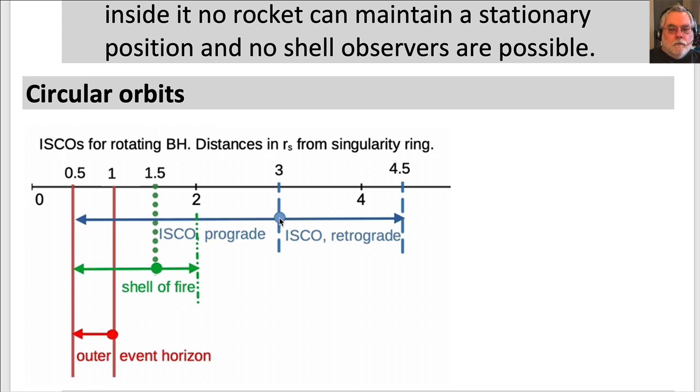For a rotating black hole, we get 2 ISCOs. One for motion in the same direction as the black hole rotation, prograde, which is this blue arrow, and one in the opposite direction, retrograde.